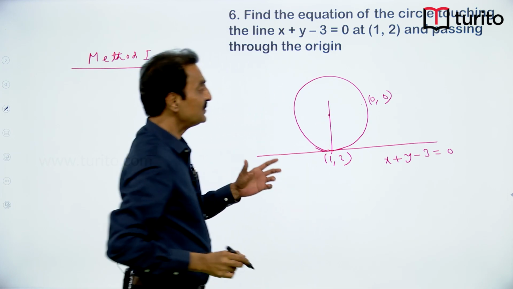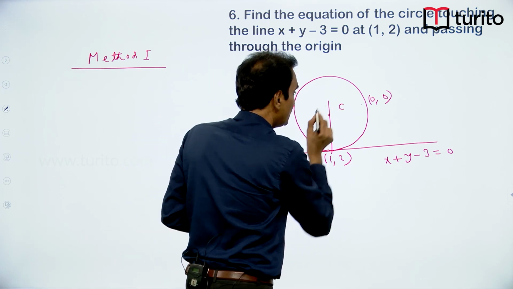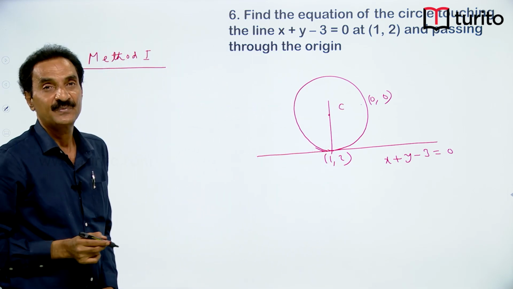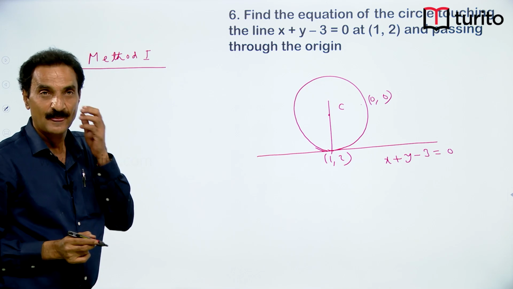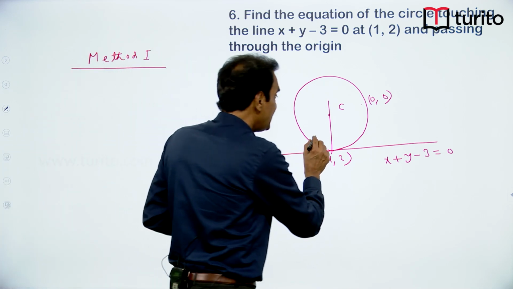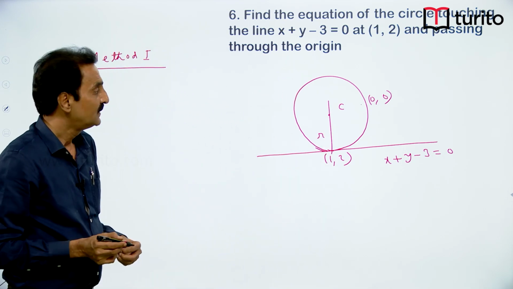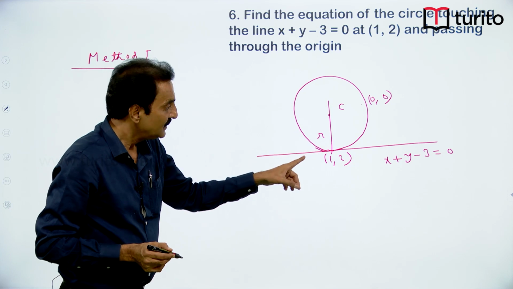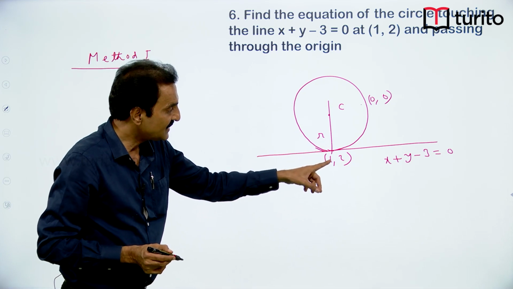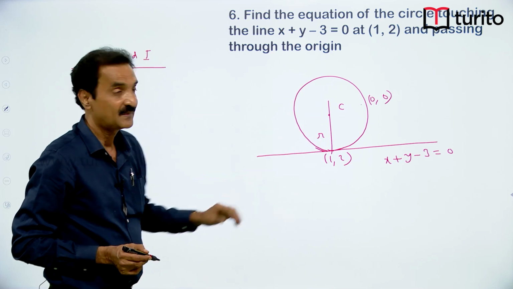This must pass through the center of the circle. Okay. Let the center be C. Then if the radius of the circle is R, what is the slope of this line? Minus 1. So the slope of this perpendicular line will be 1.